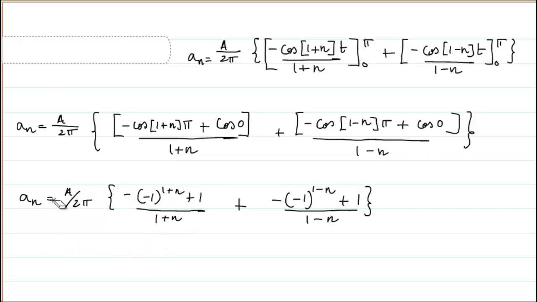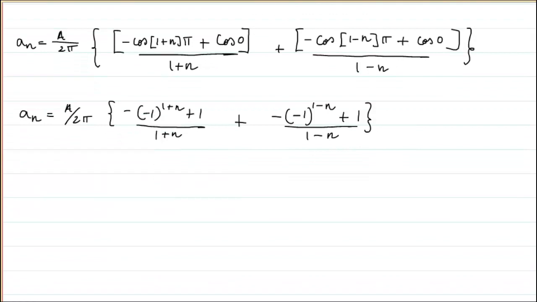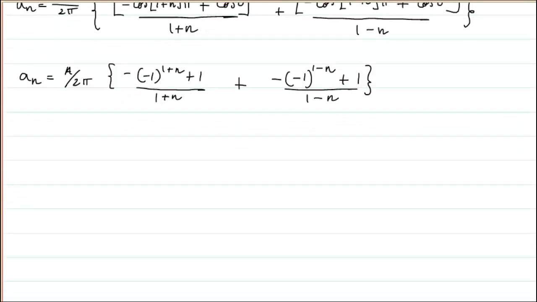Now what I will do is I will take minus commonly outside. No other reason, it's just that I am trying to simplify it as much. So a_n is basically minus of a by 2 pi.